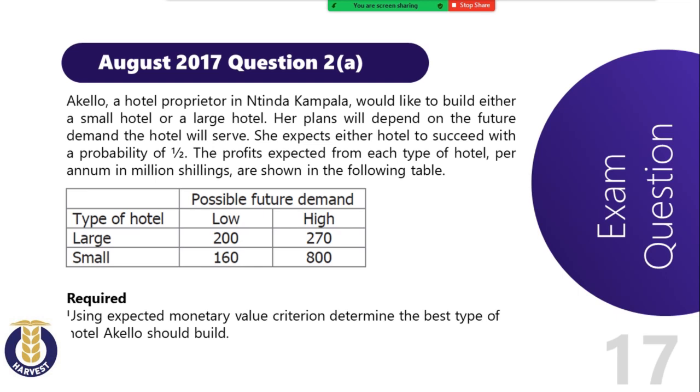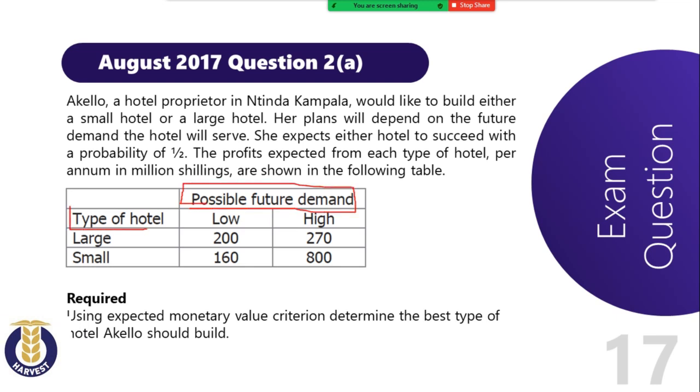So we are given the possible future demand and then the type of hotel. The possible future demand is what we said are the states of nature. These are the states of nature, and this is what is not within your control.